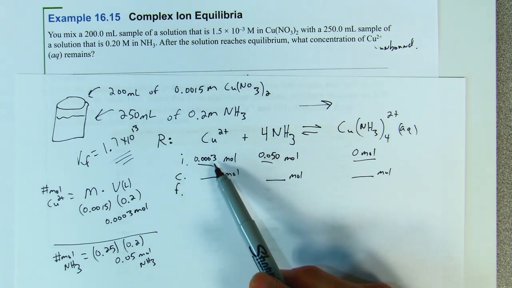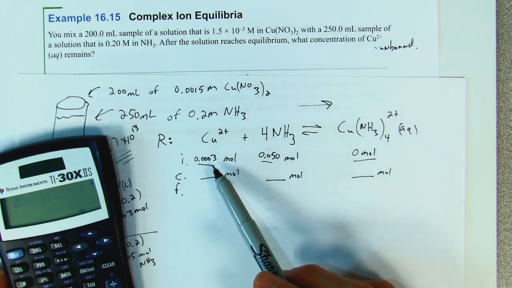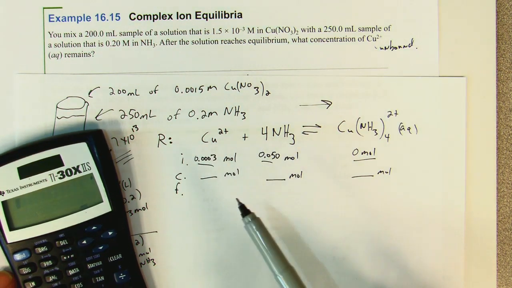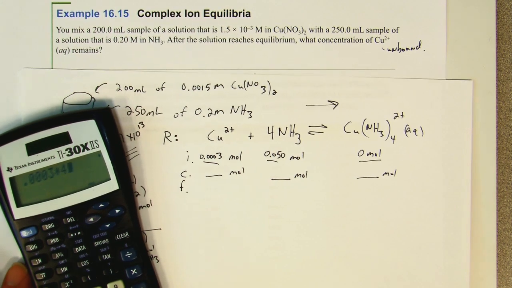So I'm thinking about this. If all of my copper was to react, all of it, how much of this would I need? Well, it looks like it's a 1 to 4 stoichiometry, isn't it? So if 0.003 mole reacted, I would need 4 times as much.